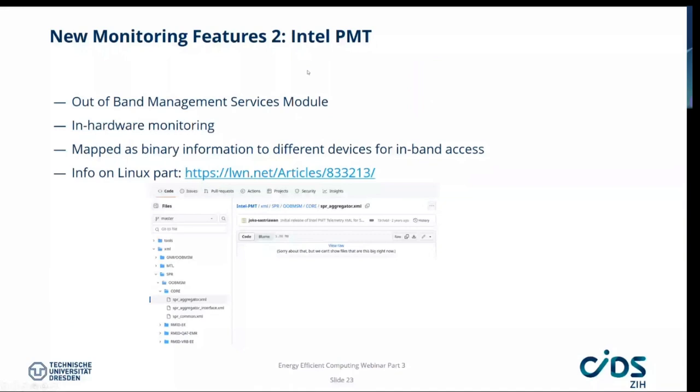And the other monitoring feature is the Intel Platform Monitoring Technology, I think. You can look at this article on the Linux sites, and there is a device for that also in the sysfs that you can read. Usually it's for out-of-band management services, but you get a definition of what is stored where, and you can also read that in band.